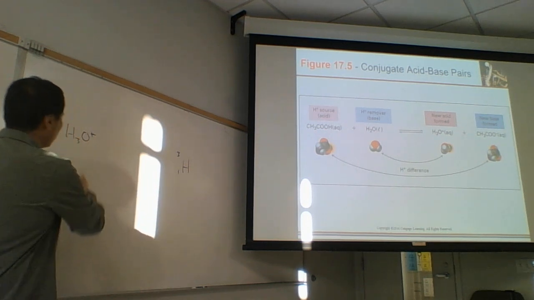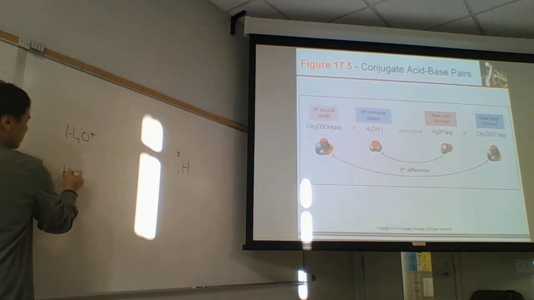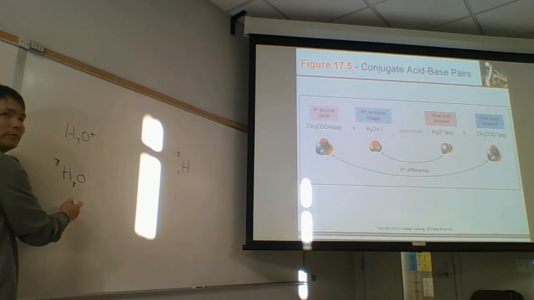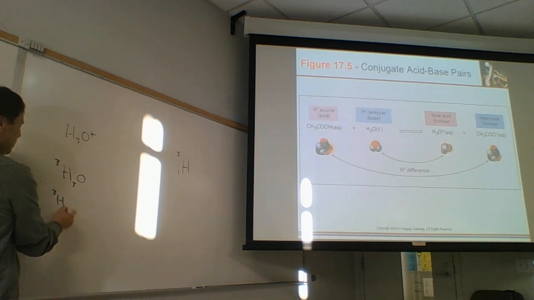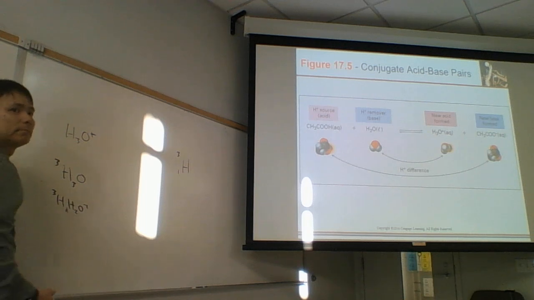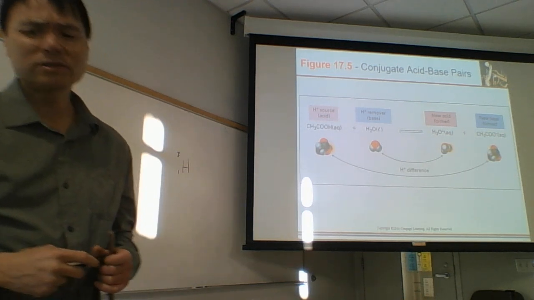And so you can make radioactive hydronium if you use tritium. You can put all 3 hydrogens as tritium, or maybe 1 tritium and 2 regulars, and an oxygen. So you could do it. So it's the hydrogen itself.